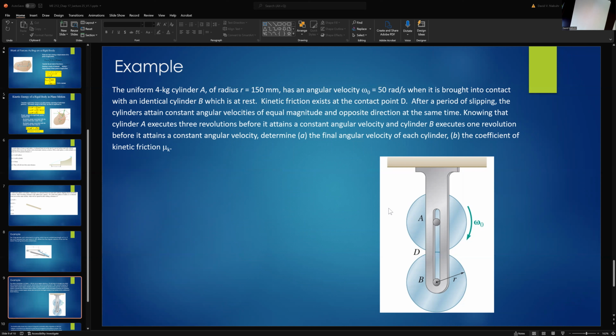And so we're given that the amount of rotation before they achieve that is 3 revolutions for A and only 1 revolution for B. So when you're reading this question, it might seem very esoteric, but when you pick out the little pieces of it, for example, you see it says cylinder A executes 3 revolutions. Well, you remember that the only force acting on A and B is friction.